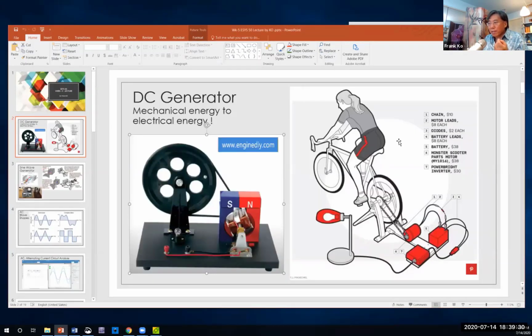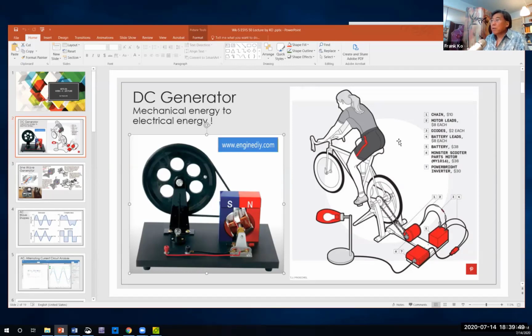And so it's not uncommon, and you may have seen this as an emergency generator for emergency purposes, and very often very popular in rural third world countries, is somebody gets on a bicycle on a bike stand and they pedal.